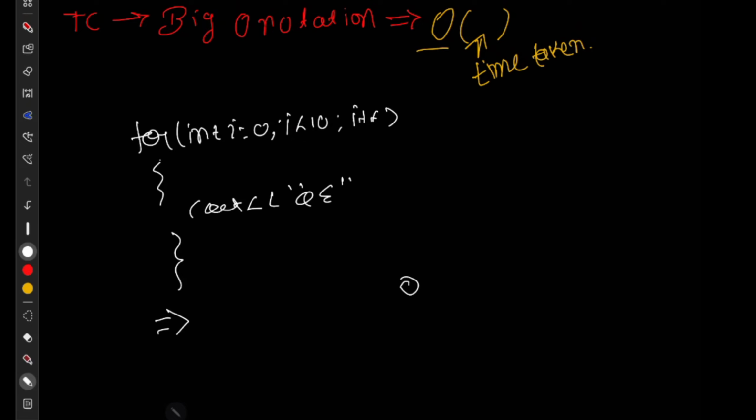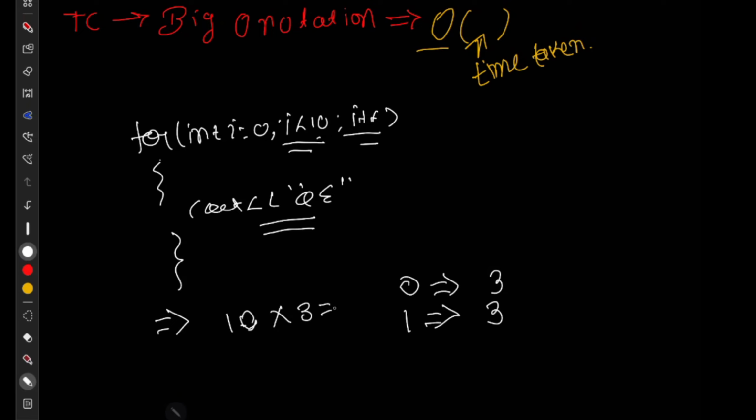When i equals 0, how many steps will it take? It compares, increments and prints: 3 steps. When i equals 1, it compares, increments and then prints: 3 steps. How many times will the loop run? 10 times. In each loop, there are 3 steps. Total 30. So the time complexity for this code will be big O of 30.